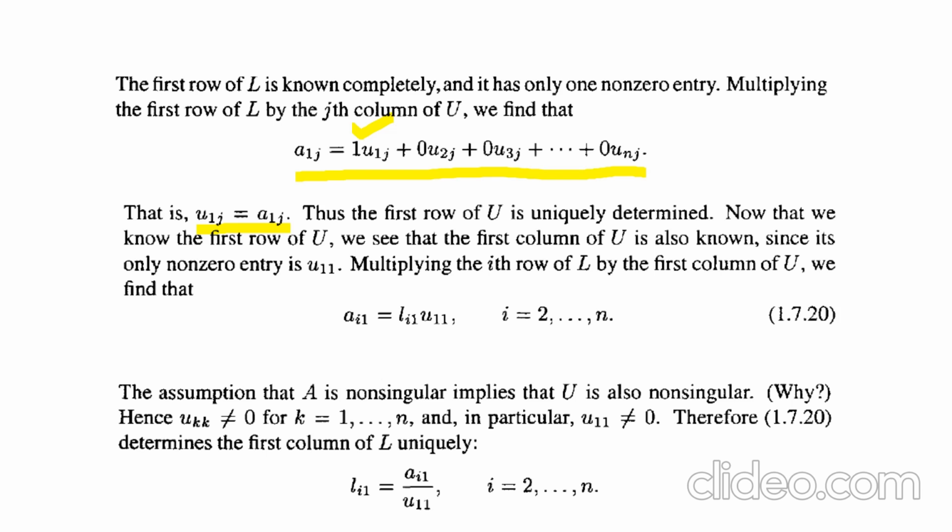You can easily determine the first row of the U matrix because U11 is equal to A11, U12 is equal to A12, U13 is equal to A13, and you are aware of all the entries of the A matrix. Therefore, you can find all entries of the first row of the U matrix.